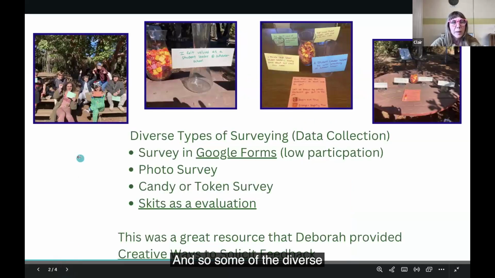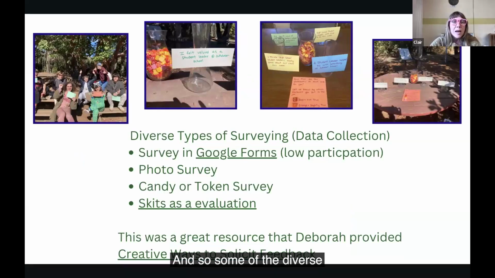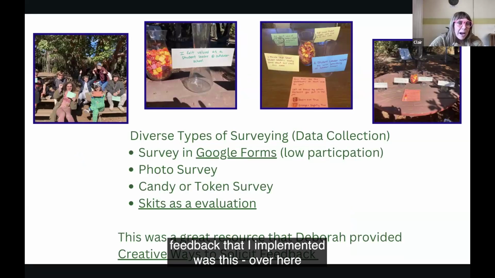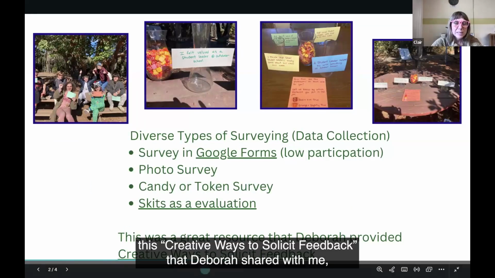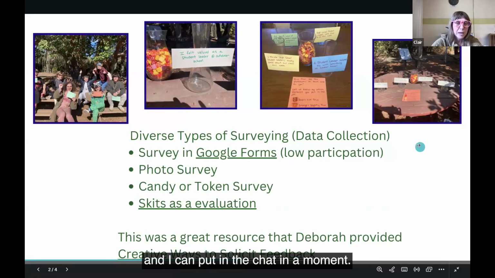And so some of the diverse forms of collecting feedback that I implemented was this over here. You can see this picture on the far left is based off of a creative ways to solicit feedback that Deborah shared with me, and I can put in the chat in a moment.